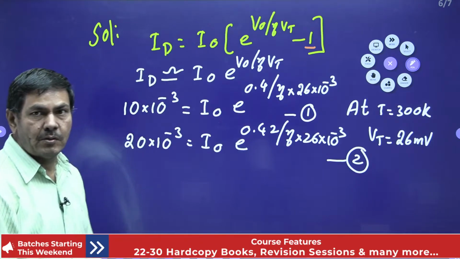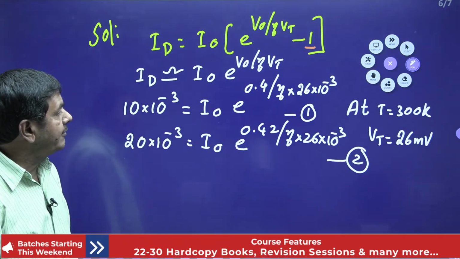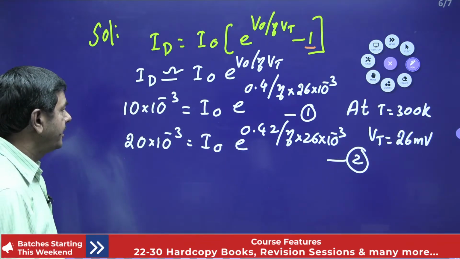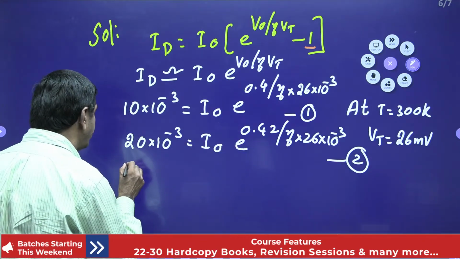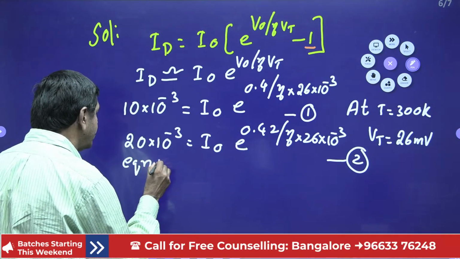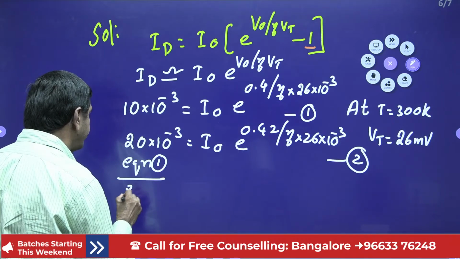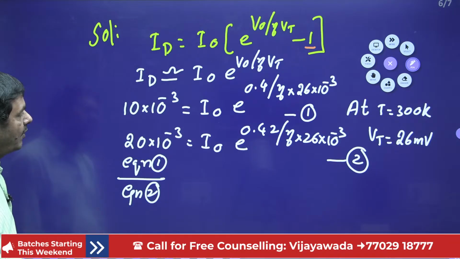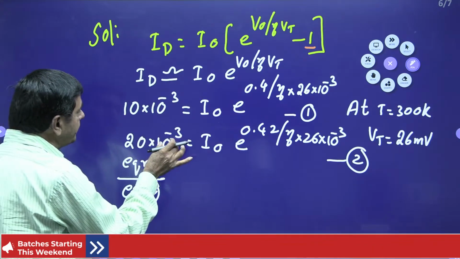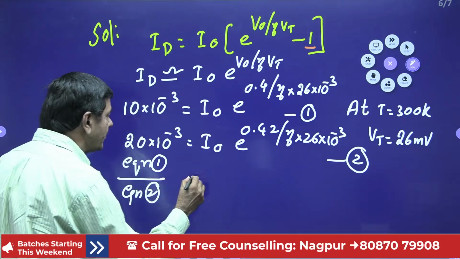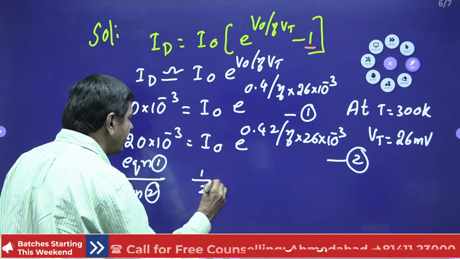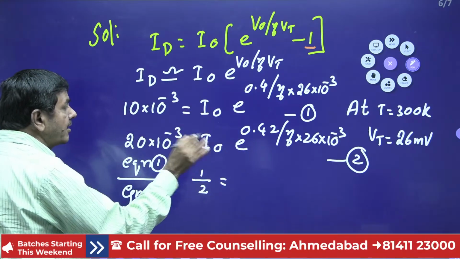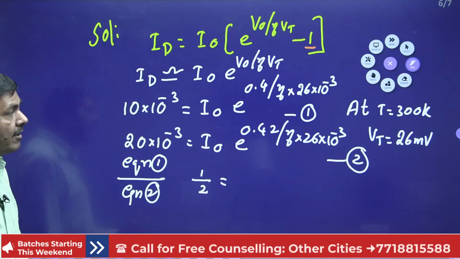Now I want to divide equation 1 by equation 2. Equation 1 by equation 2 means 10 power minus 3 and 10 power minus 3 cancel, and 10 by 20 is 1 by 2. On this side I naught and I naught cancel, because my aim is to find I naught and also the eta value.